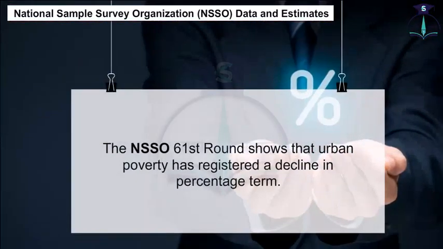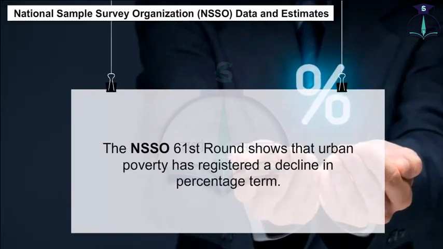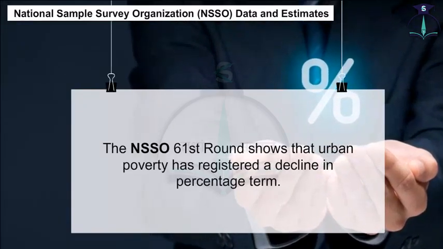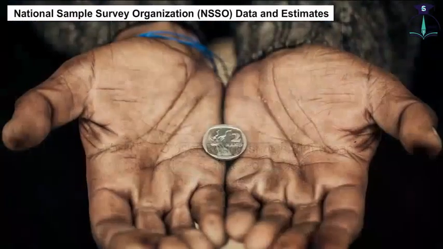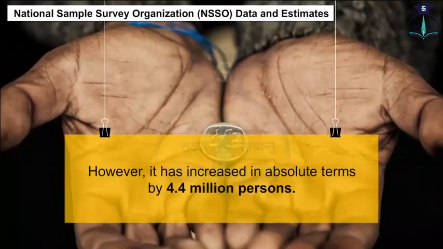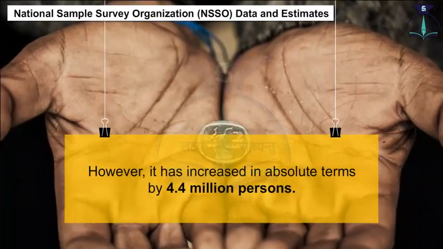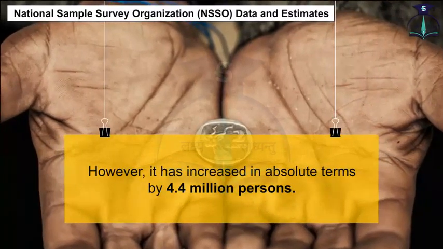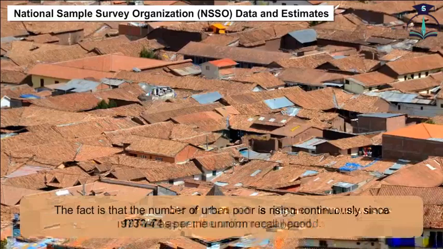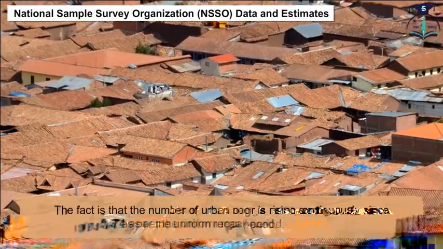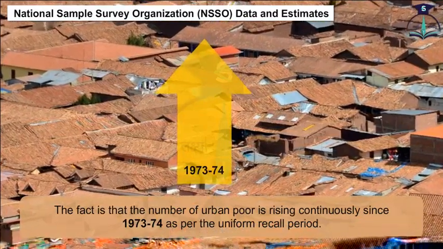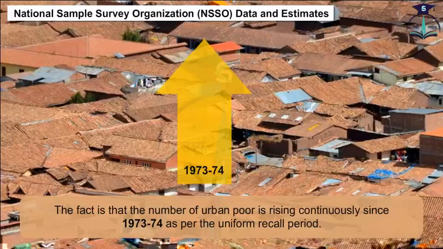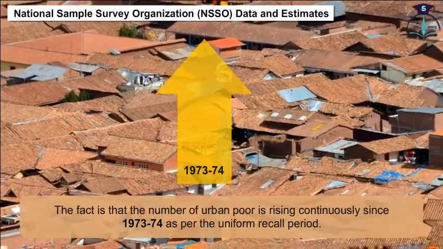The NSSO 61st round shows that urban poverty has registered a decline in percentage terms. However, it has increased in absolute terms by 4.4 million persons. The fact is that the number of urban poor has been rising continuously since 1973-74 as per the Uniform Recall Period.